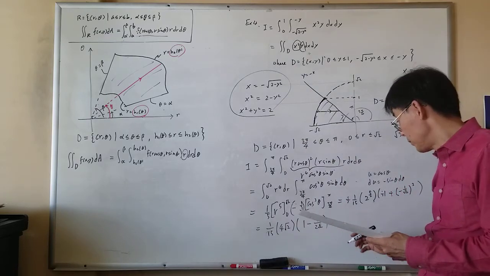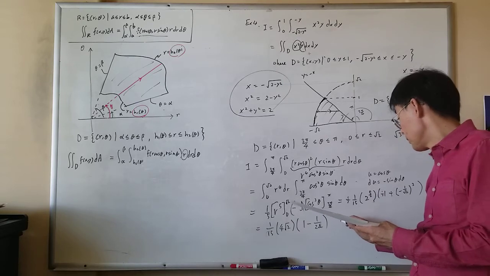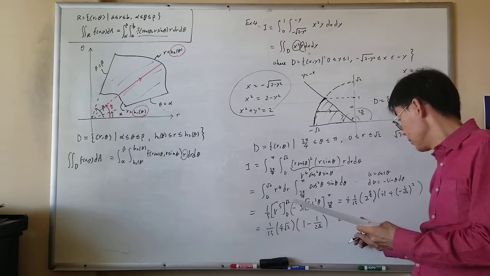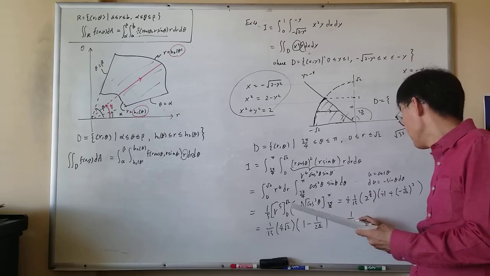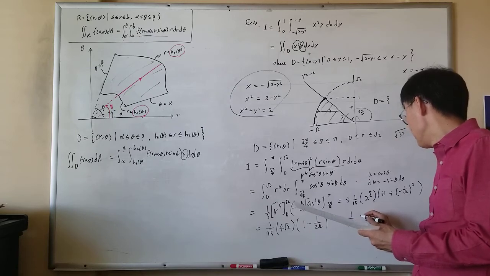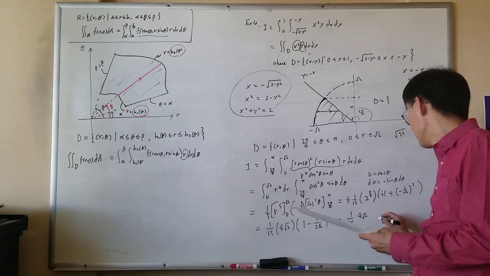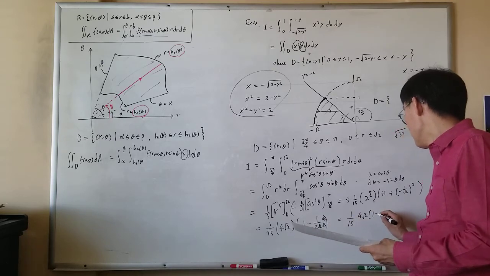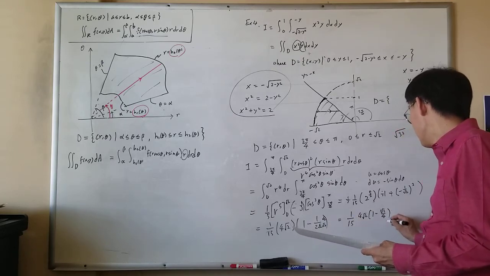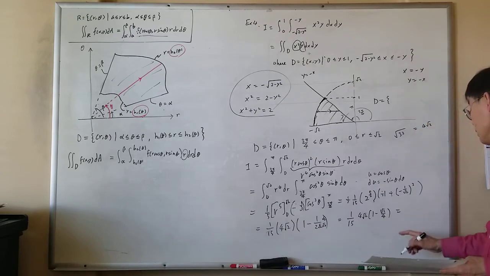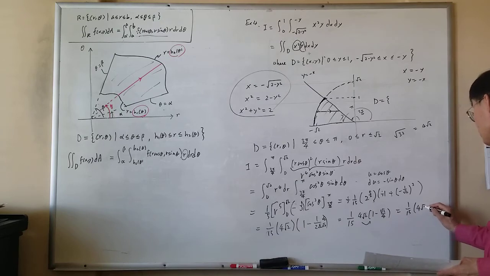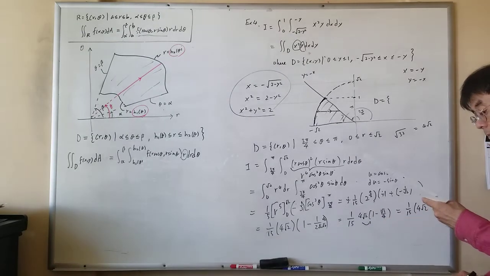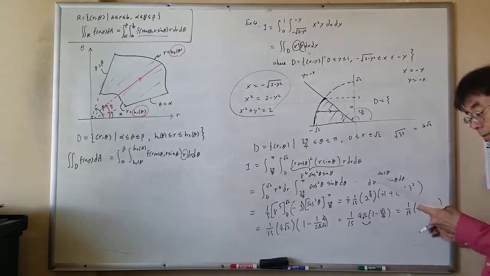So this is 1/15, 4 over square root of 2, and this is 1 minus square root of 2 over 4. So distribute. 4 square root of 2, 4 cancel. Minus 2, isn't it? Okay? That's the answer.